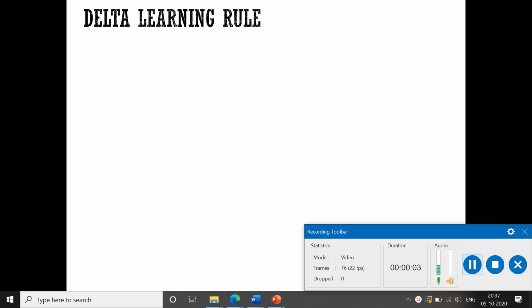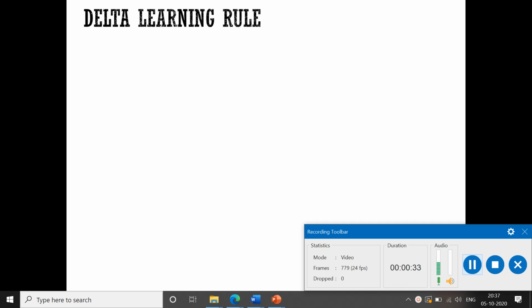Okay, dear students, today we shall have a look at another learning rule, that is the delta learning rule. Previously, we have seen the Hebbian learning rule, which was an unsupervised learning rule, followed by the perceptron learning rule, which was a supervised learning rule, but it could only be used for a bipolar or unipolar binary or discrete neuron or a perceptron.